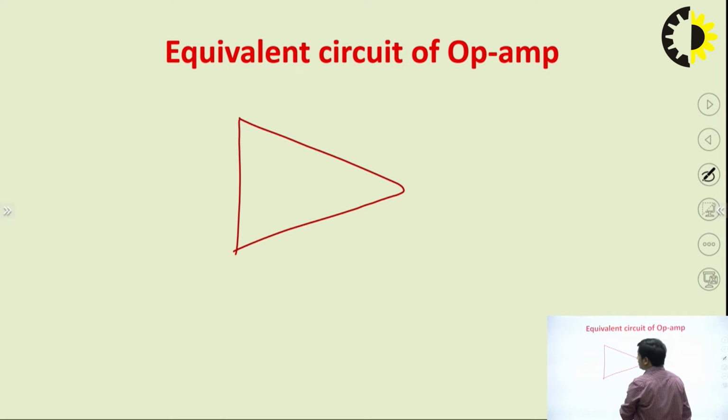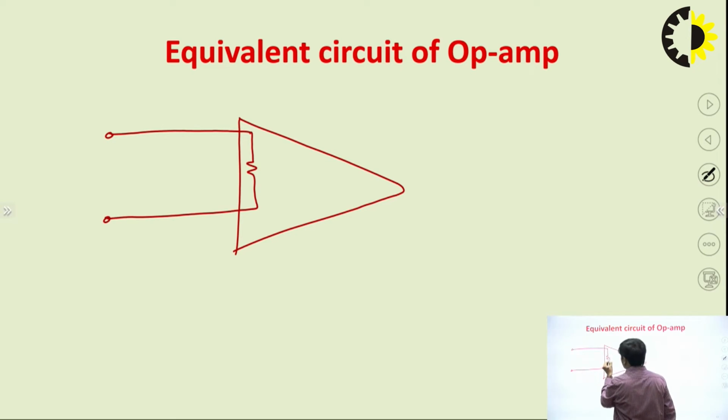To draw it, we need to mention the input resistance, output resistance, input voltage and output voltage. Let's say the input resistance of the op-amp is Ri, right?